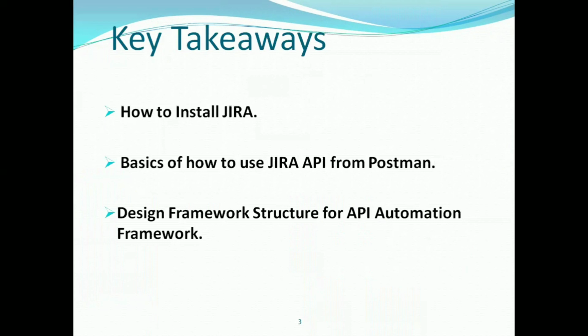I will let you know how to use the API documentation for the Jira application, how to read it, and how to execute it with respect to Postman or when doing framework automation from an API perspective. And if we get time, we will also look at the third topic, which is how to design the framework structure for the API automation framework. The implementation part will of course be segregated across multiple sessions, so don't worry about that.